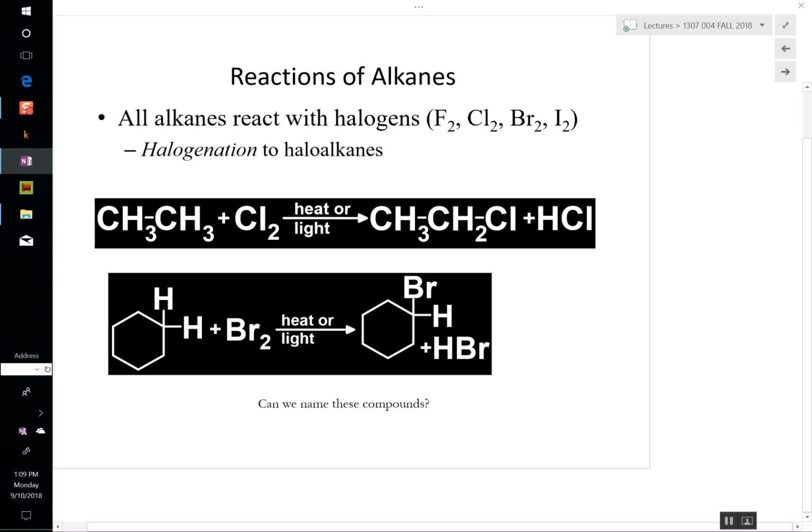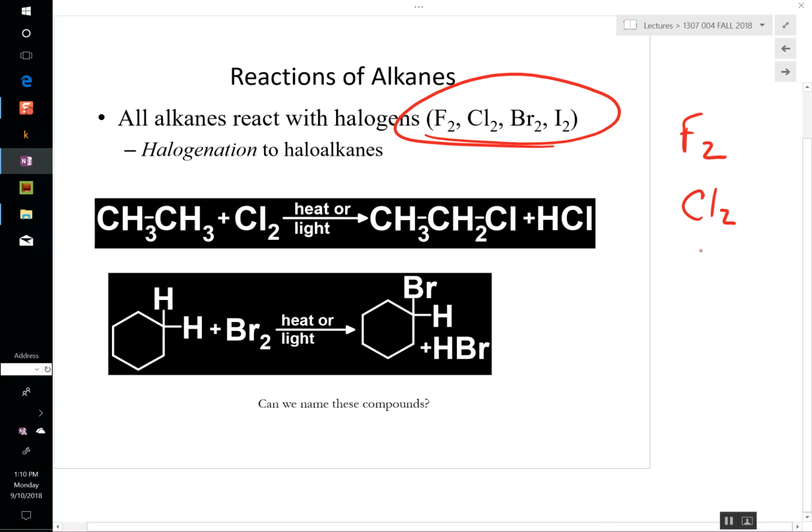Okay, halogenation. There's a couple of them being shown here. Halogenation. We're talking about halogens reacting with alkanes. Remember, here's your halogens. Fluorine, chlorine, bromine, iodine. They are diatomic. So in their elemental form, fluorine is a F2 molecule.